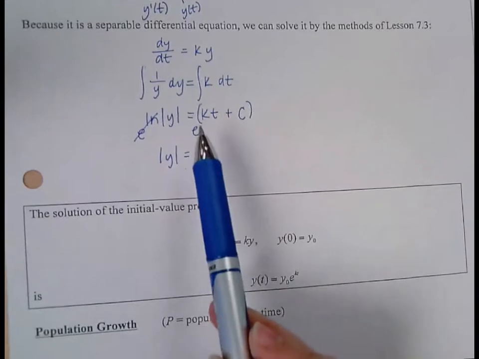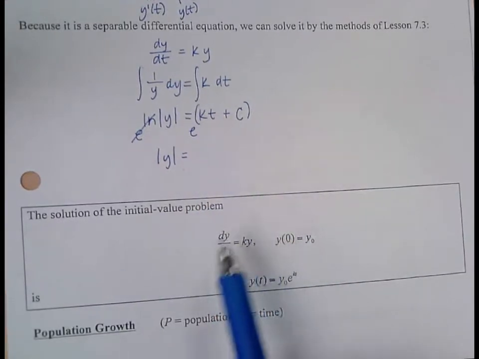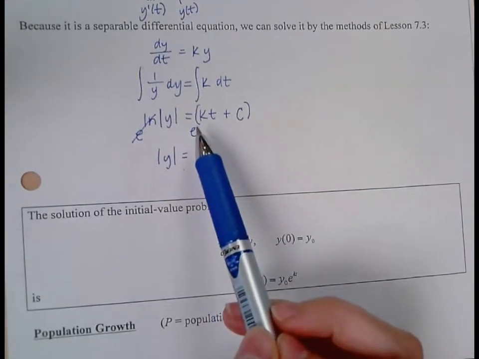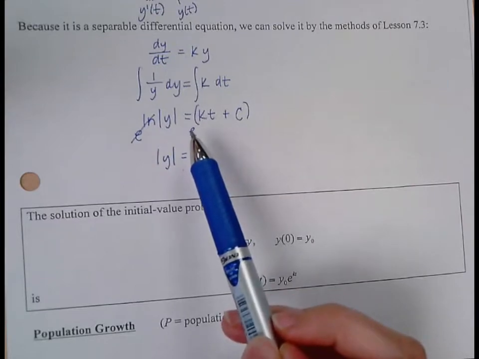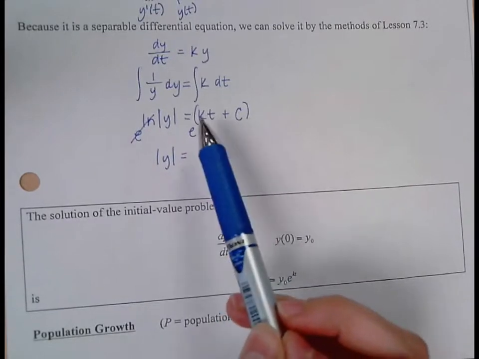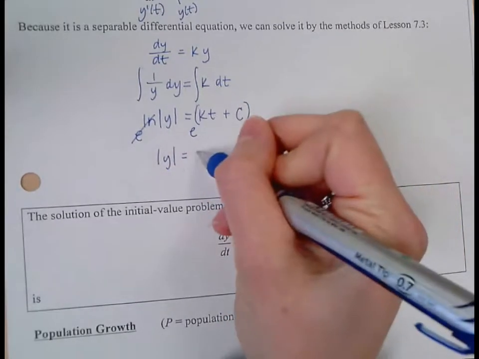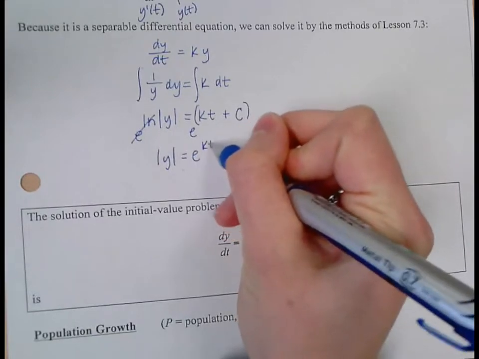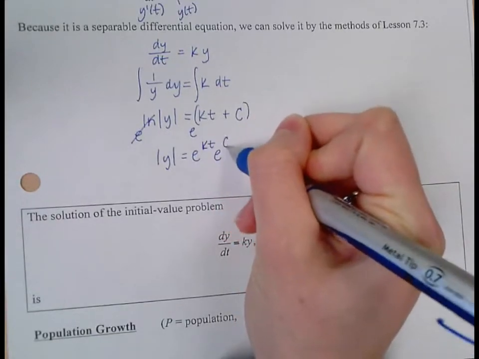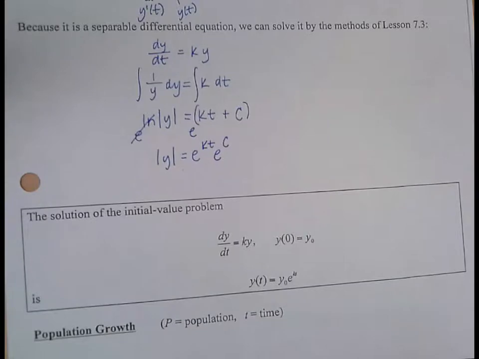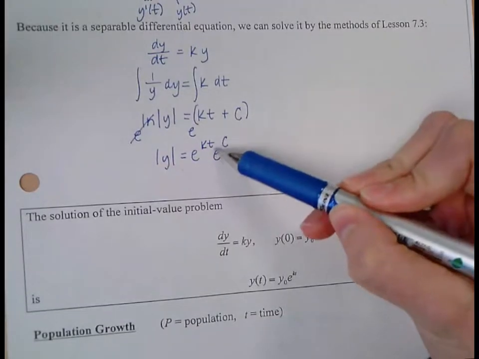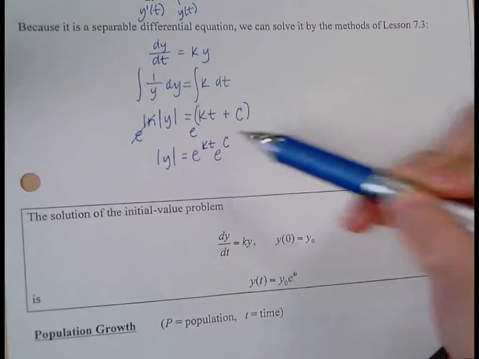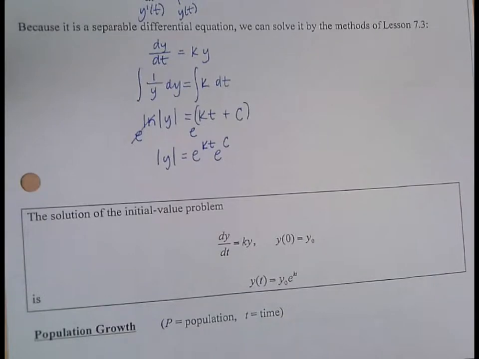I'm going to rewrite it just so we can see why it works out to what we have down here. Remember, when you have a power where two different exponents are being added, I could split this as e to the kt times e to the c. And why I'm doing that is e to the c, if c is a constant, e to the c is also a constant.